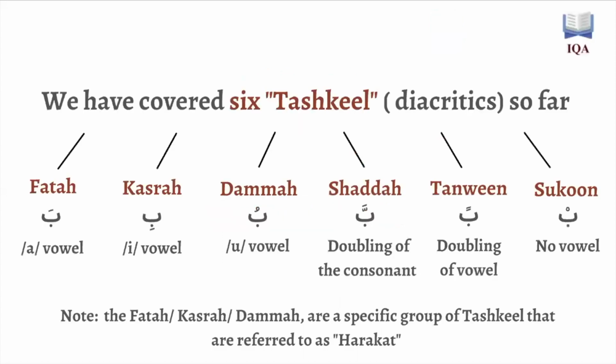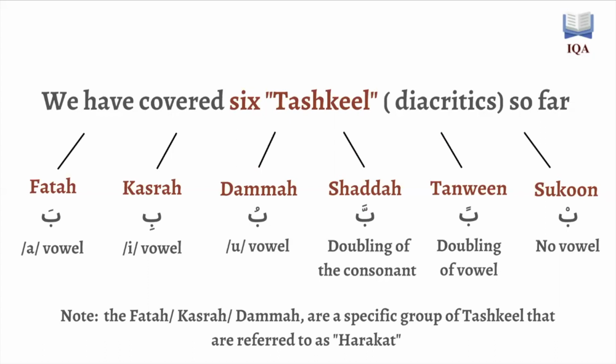So far we've covered 6 different tashkils, 6 different diacritics. We covered the fatha, which is to represent the vowel A, the kasra to represent the vowel E, the dhamma to represent the vowel U, the shadda, which is there to represent the doubling of the consonant, abba, the tanween, which is there to represent the doubling of the vowel. So pretty much you have 2 haraka or 2 kasras or 2 dhammas, and those 2 are there to represent that there's actually a hidden noon there.